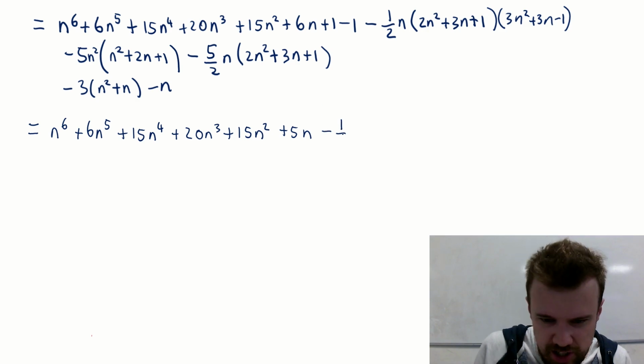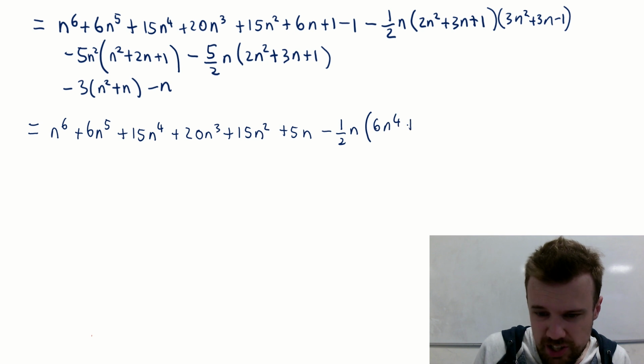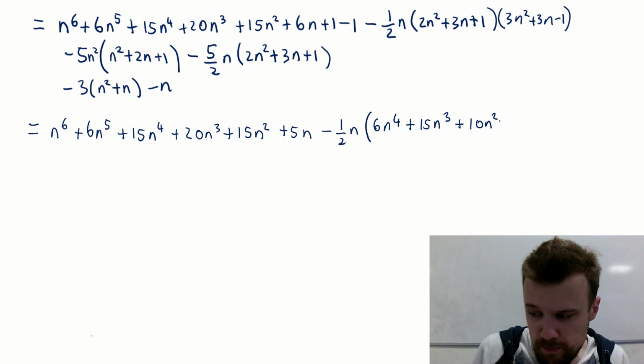So the minus 1/2 n out the front, but then multiplying those quadratics together, we'll get a 6n to the power of 4 plus 15n cubed plus 10n squared, and then we'll also get a minus 1. So there you go. That saved a bit of effort there.